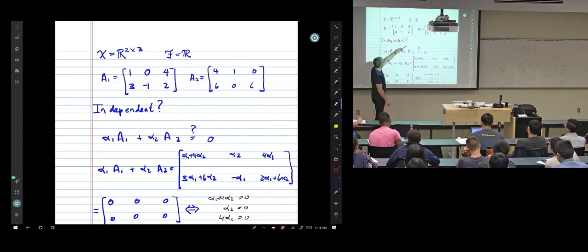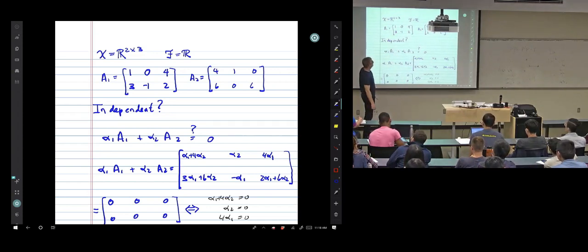I'm still keeping my field R, and my number of vectors 2, so I don't have too many equations to write down. But now the vector space is 2 by 3 matrices. There's A1 and there's A2, and I ask myself, are these vectors independent?